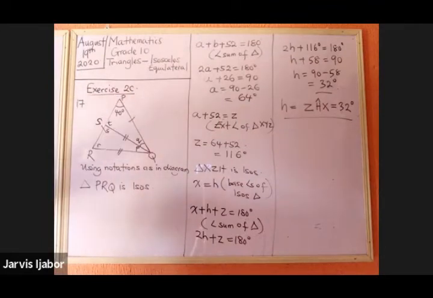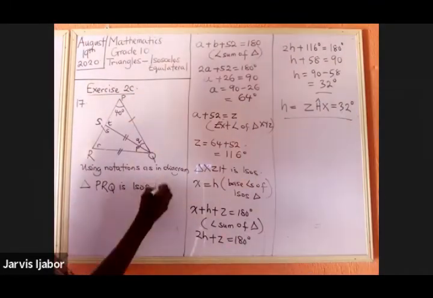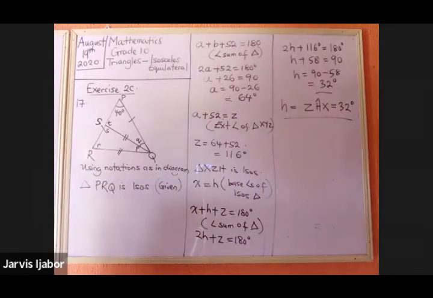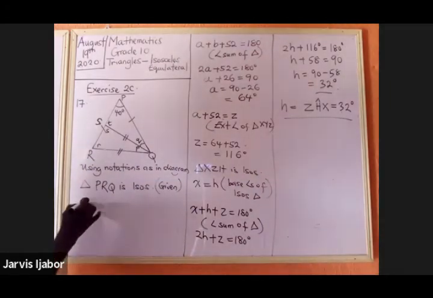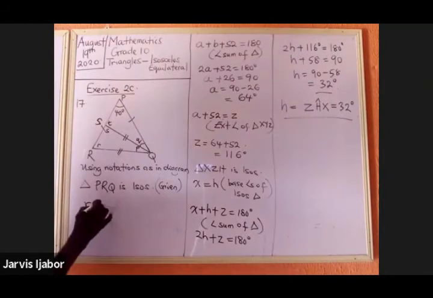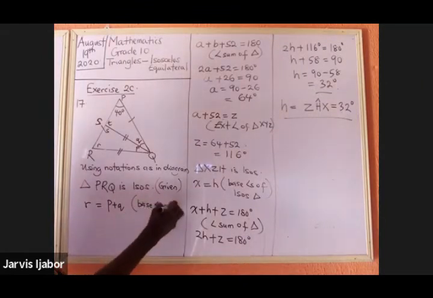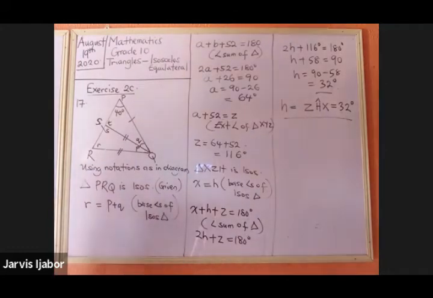So it's isosceles, it's given already. If you would like, you can say given by the question. Now, by that, the angle at R will be equal to the angle at Q. That's base angles of isosceles triangles.